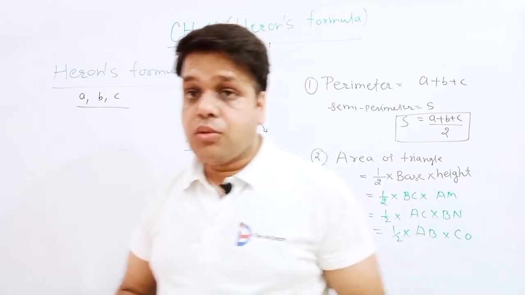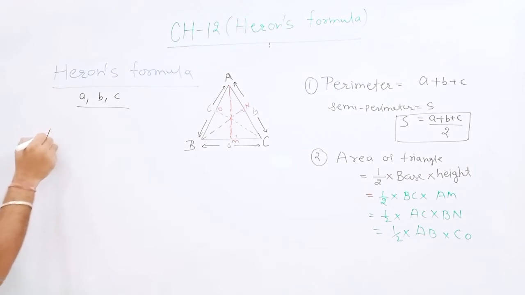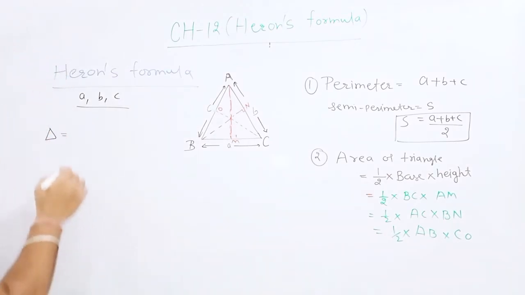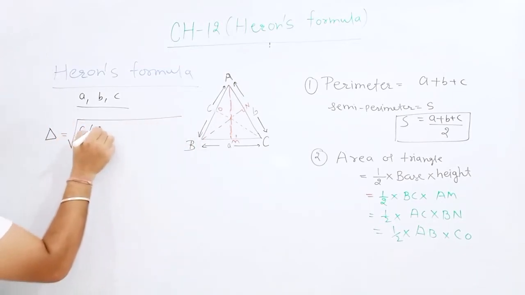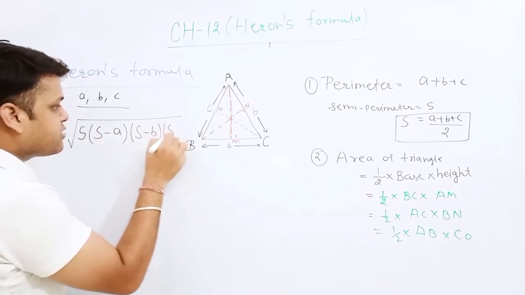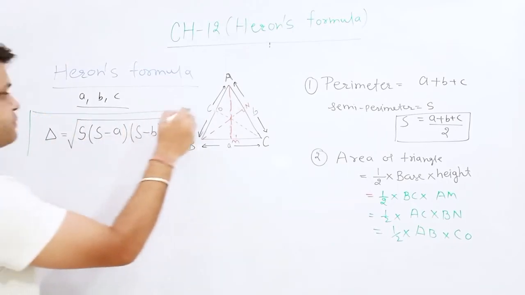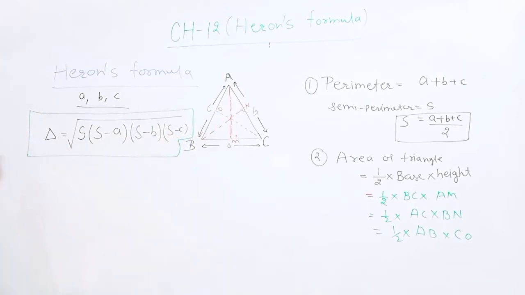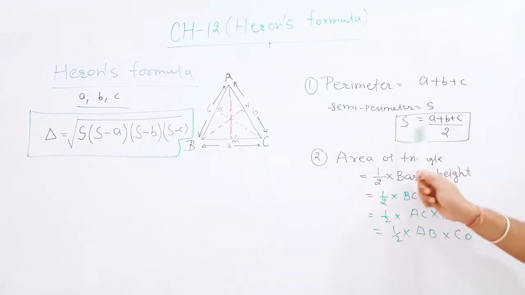Now, how do you calculate the area? By the formula. The formula is delta is equal to, where delta is the area of the triangle, root under S into S minus A into S minus B into S minus C. Now the question arises, what do we mean by S?